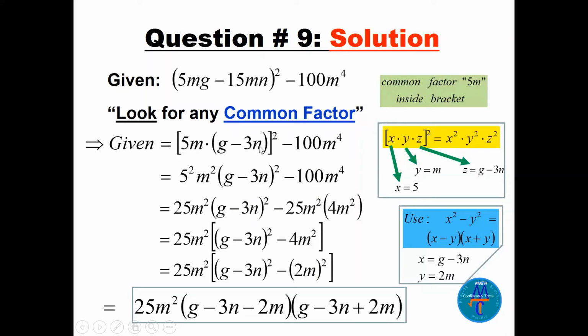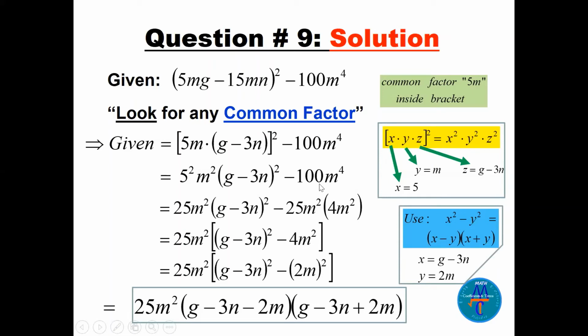Now x in our question is 5 here, and y is m, and z is g minus 3n. So you square each one: 5 squared, m squared, g minus 3n squared. You see that? That's the trick in the question. Take a common factor inside the bracket and square it. So it will be 25 m squared here, g minus 3n squared.